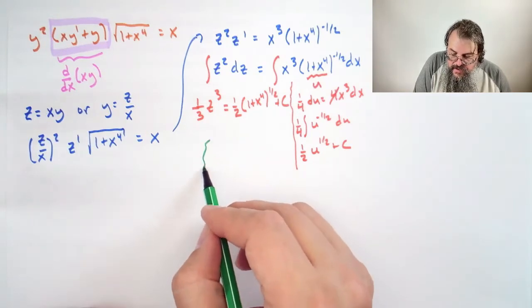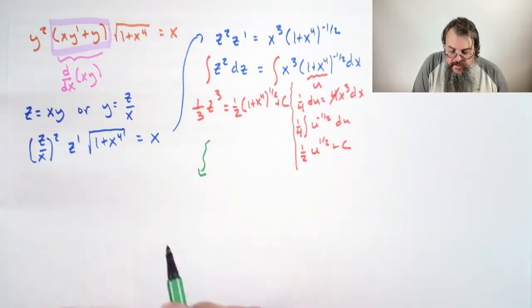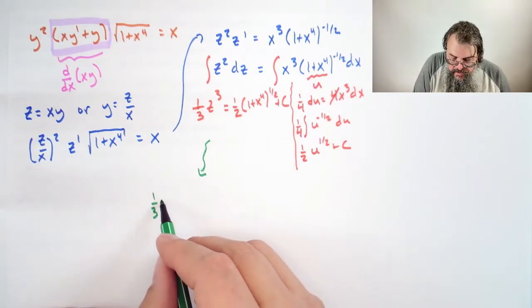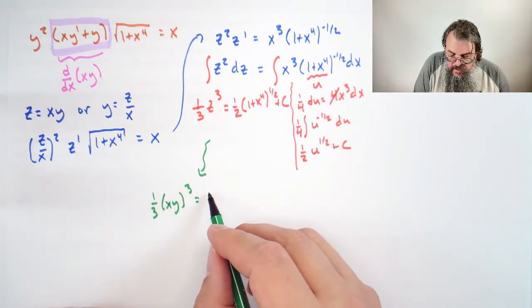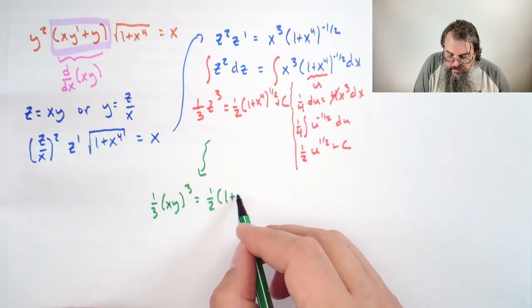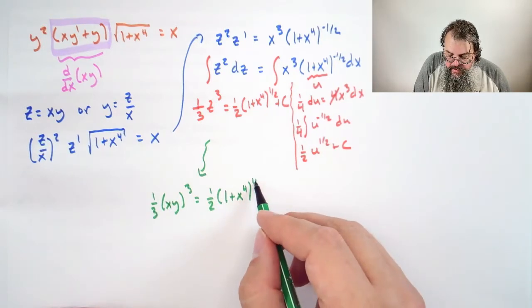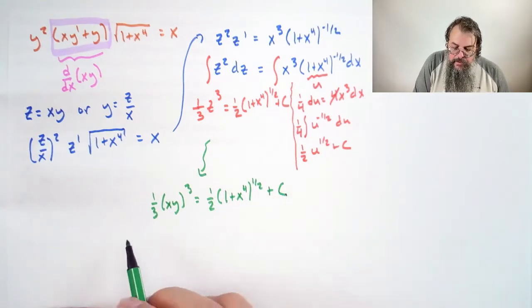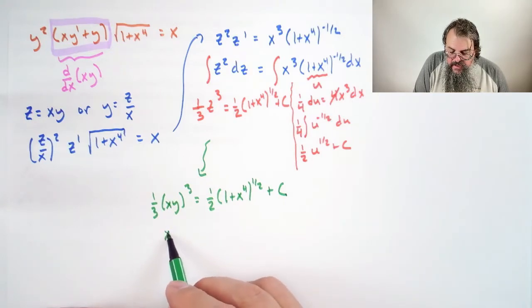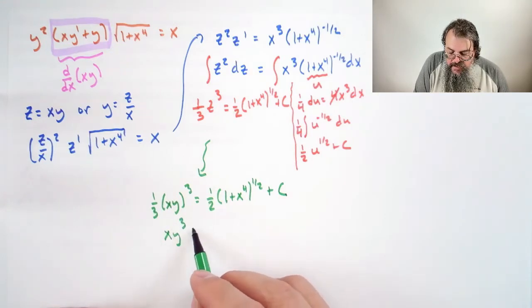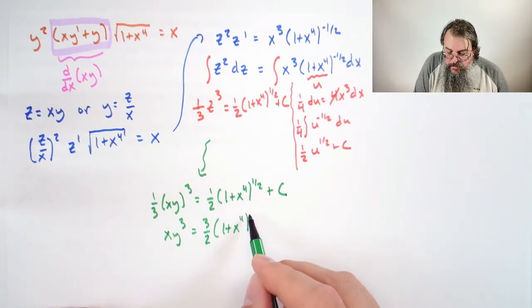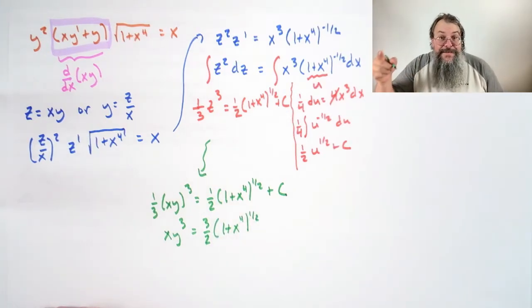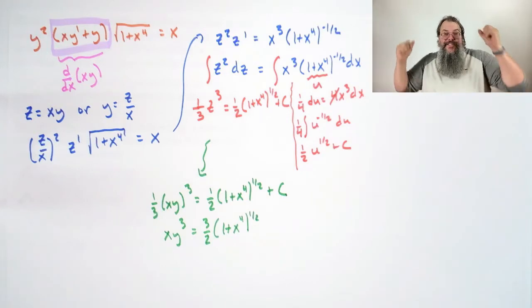So we get that 1/3 (xy) cubed is equal to 1/2 times 1 plus x to the 4th to the 1/2 plus c. Multiplying through by 3, (xy) cubed equals 3/2 times 1 plus x to the 4th to the 1/2. 3 times c is still c.